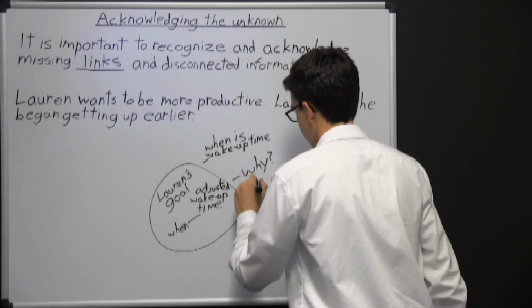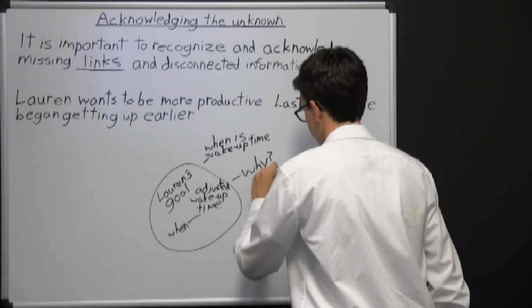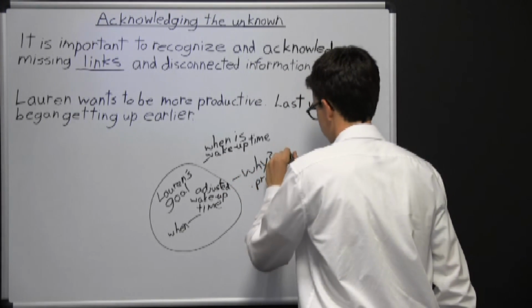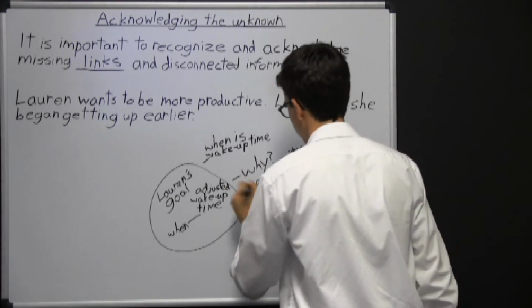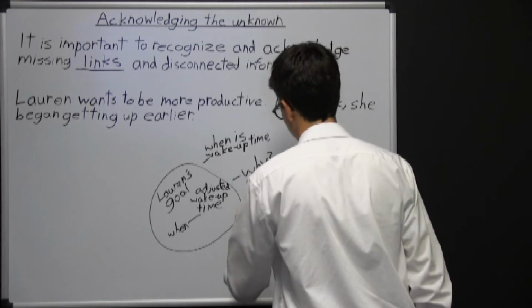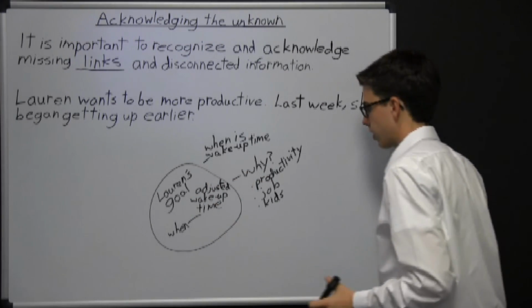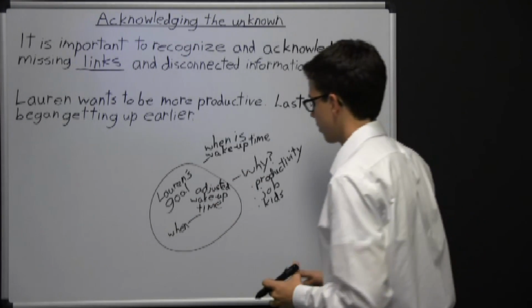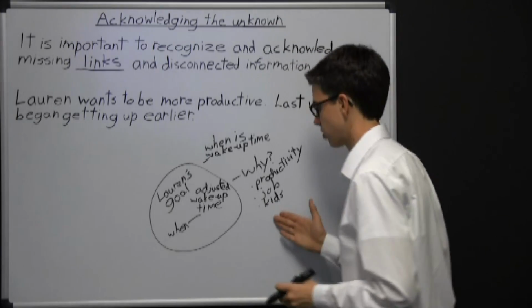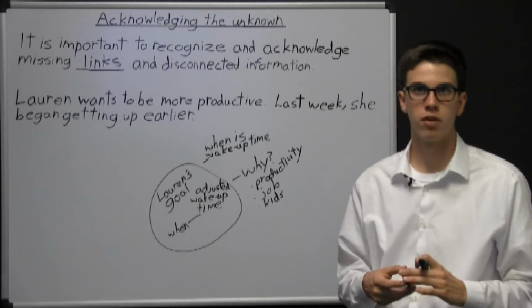Is it to be more productive? Maybe she started a new job that requires her to be there early. Maybe she has kids who start getting up earlier. Or maybe the school year started again, so she needs to make sure she's up to get the kids to school on time. We don't know.